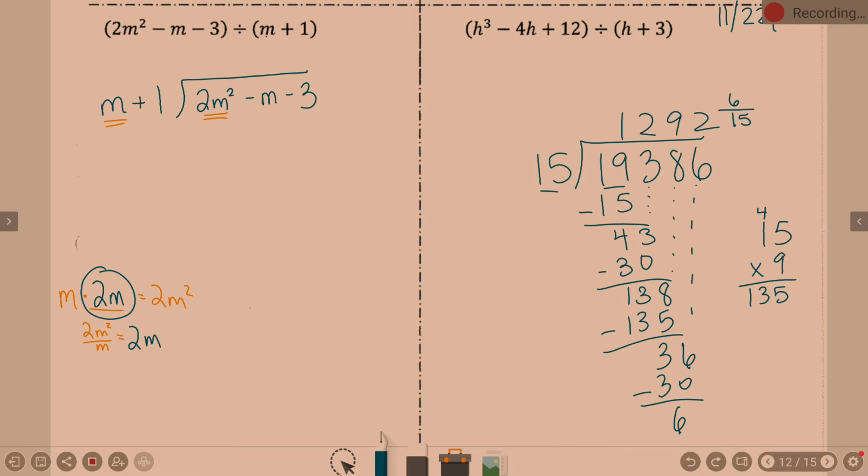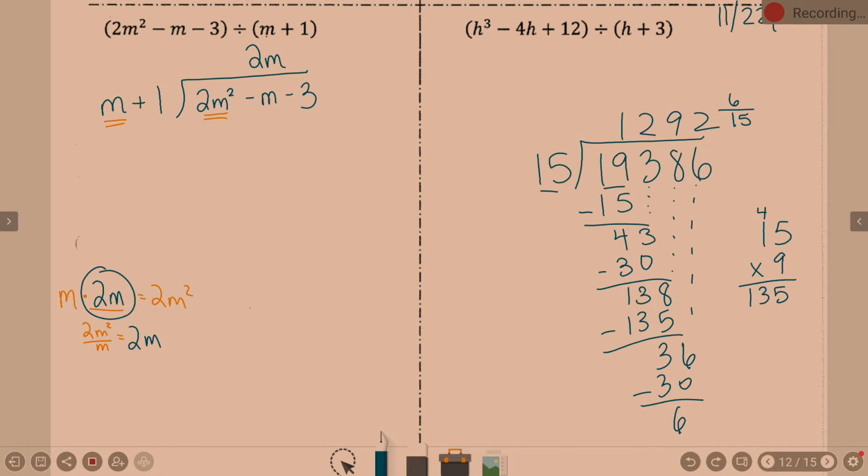Now, officially, even though we just worked with one term, how many terms am I dividing by? 1. Well, no. 2. There's 2 terms. So we're going to count 1, 2 terms, and then put it above that second term. So I'm putting my 2m above my minus m. It also goes above its corresponding like term. So it's not just coincidence that 2m ended up over m.